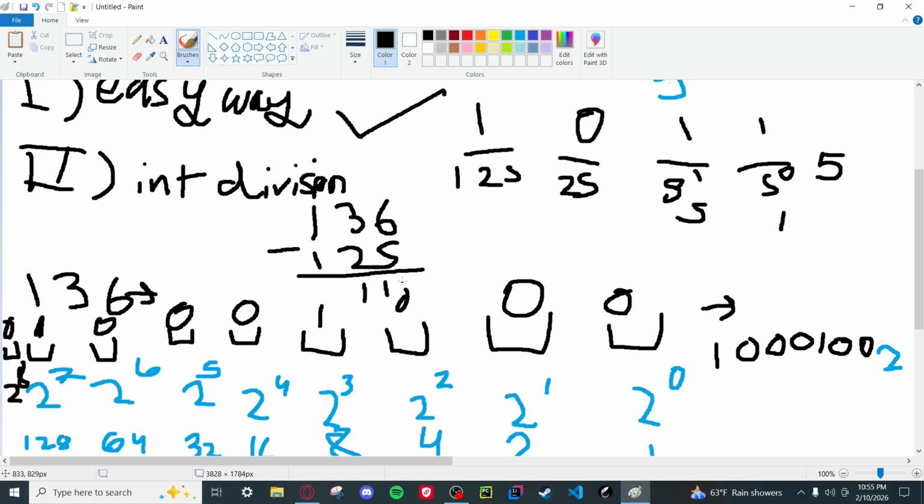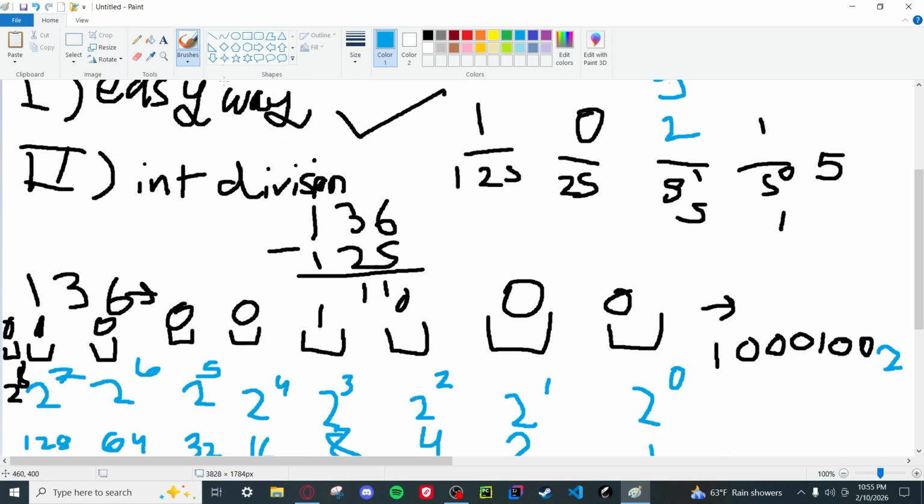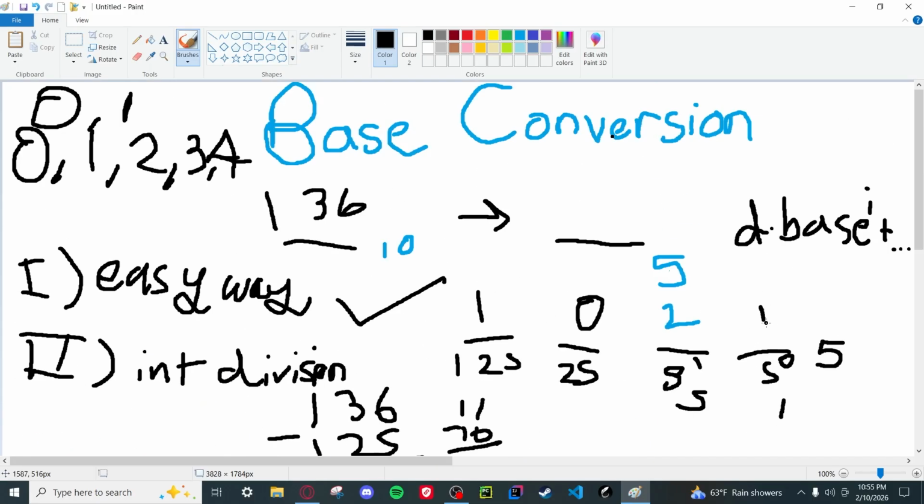So if we want a remainder of 11, we can make this a 2. So we left 10. 11 minus 10 is 1. So we can set this to 1, and then our answer is 1, 0, 2, 1 in base 5.